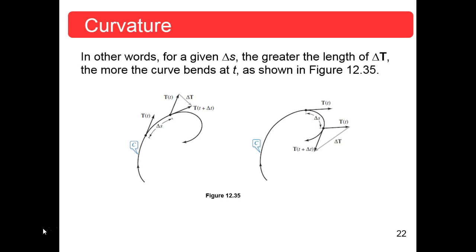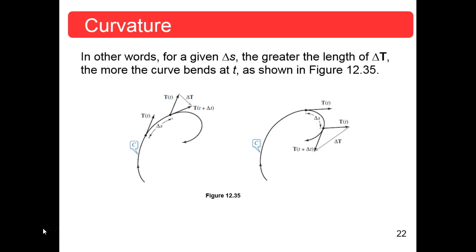Your change of T is the difference between those when you put it at the common initial point. Then that's your delta T. Well, then this delta T per delta s is the rate at which the unit tangent vector is changing. That's your curvature.